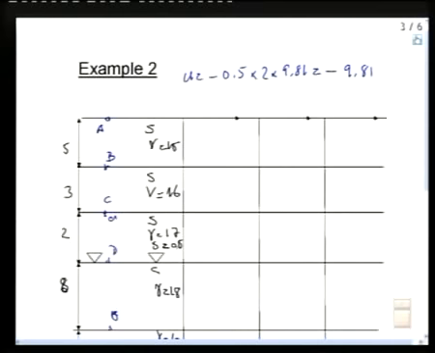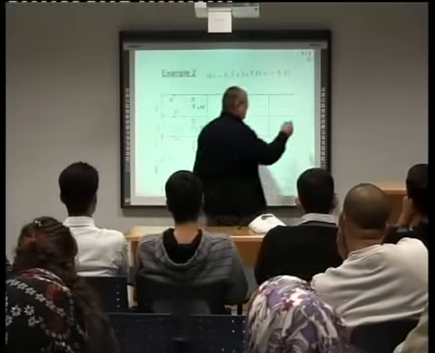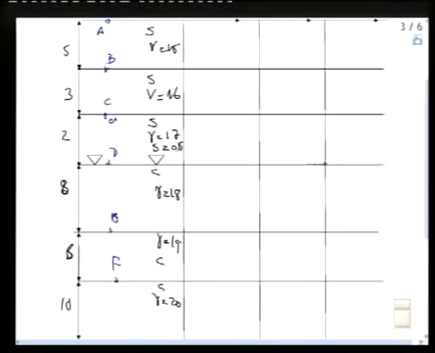Okay, 9.81. Even I can do this thing, for example. You see? Immediately, this is U. 9.81. Okay? Right? At the beginning, I can know that.